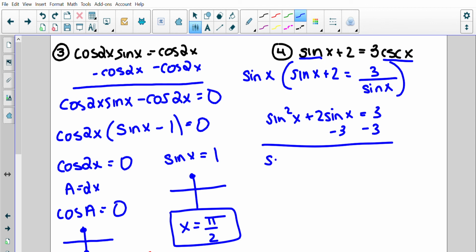So I get sine squared x plus 2 sine x minus 3 equals 0, and then I'm going to try to factor that normally, which it does. It factors into sine x minus 1 and sine x plus 3.